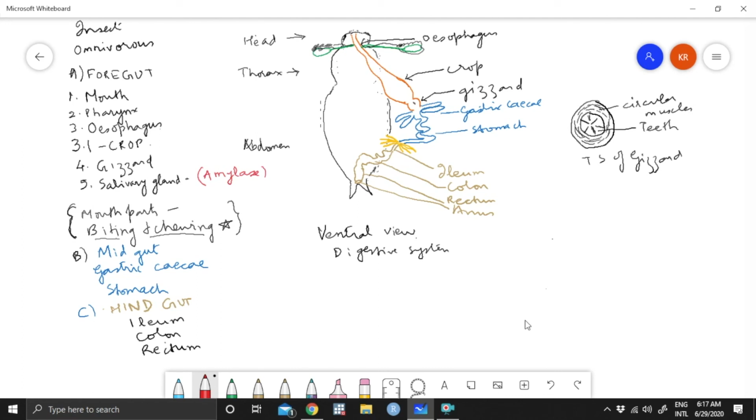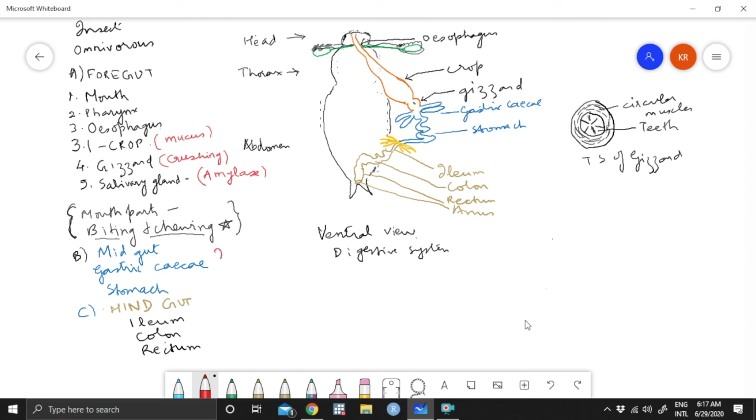And this gizzard is used in crushing the food. And the crop contains mucus which stores the food. So between the crop and gizzard it goes back and forth, and salivary amylase has digested the carbohydrates. Then it goes into the midgut.